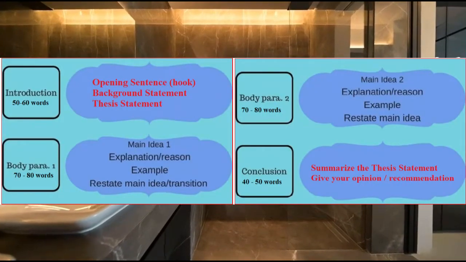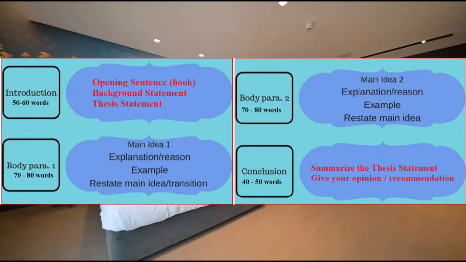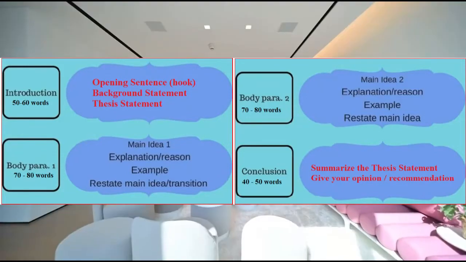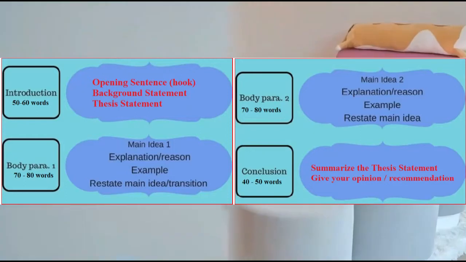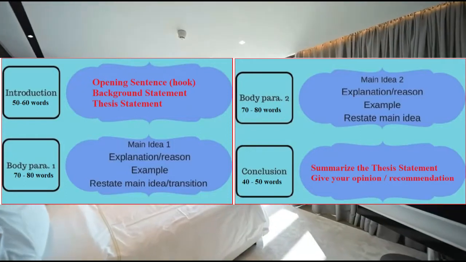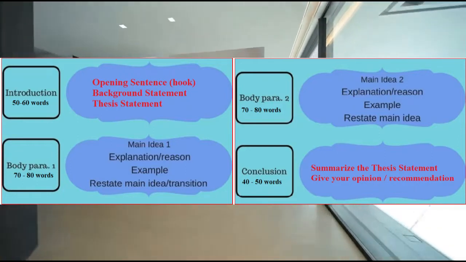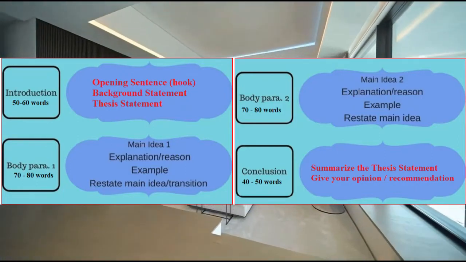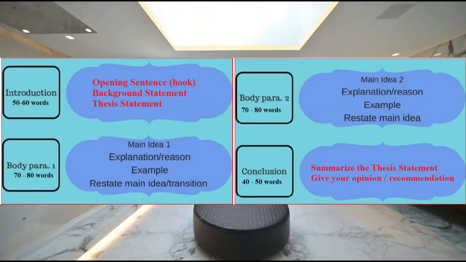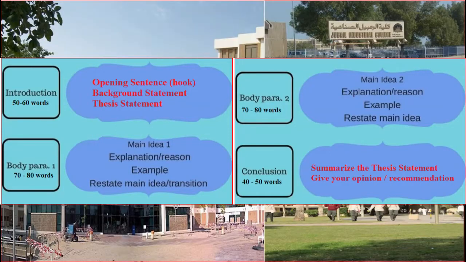Let's move on to the structure of the essay. As usual, we can make 3 or 4 paragraphs. An introduction of around 50 to 60 words. A conclusion of 40 and the body paragraphs. You can make it 2 or 1 depending on the main points to make.